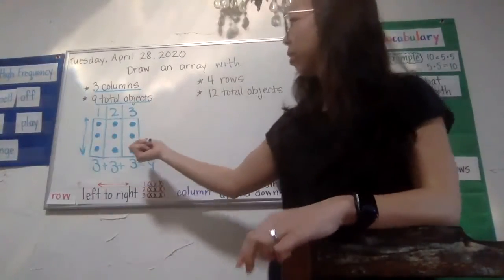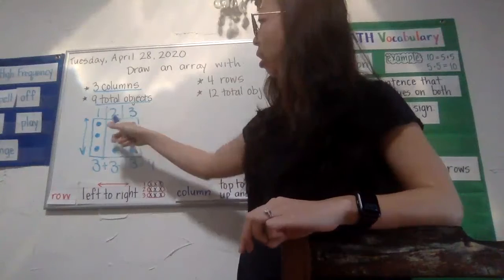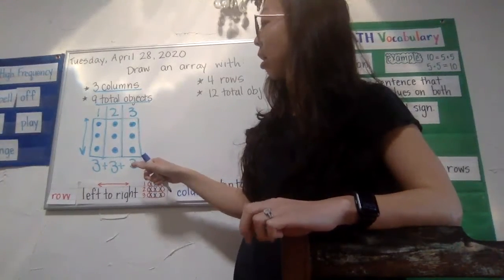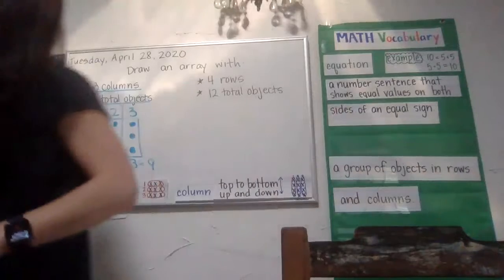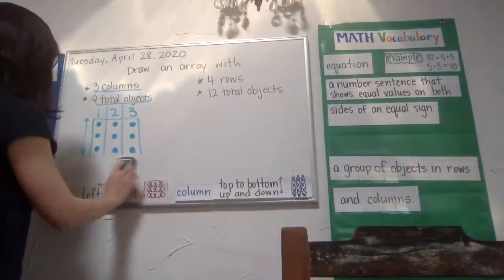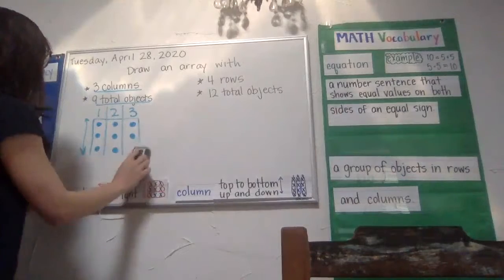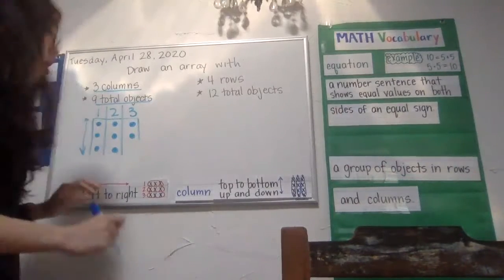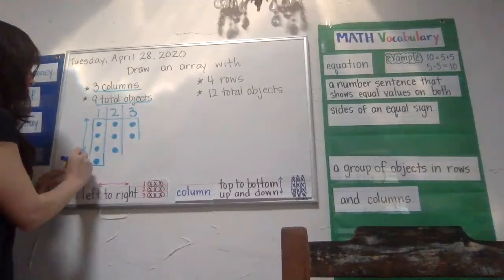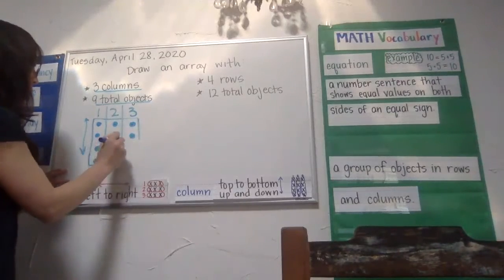So if I wanted to make one with 3 columns, but let's say let's move some around. I have 3 columns, but I put another one down here. Let's see, so now I have 4 and 3 and 2.